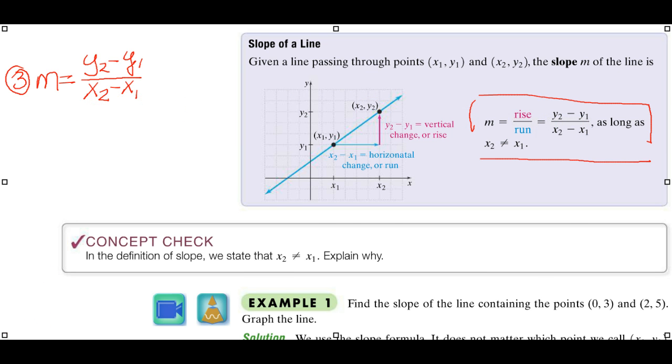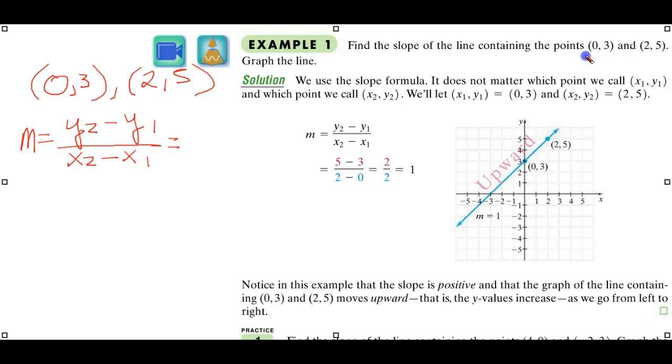Now, let's look at some examples. In example 1, they're giving us an ordered pair and another ordered pair. Now we designate one as the sub 1s and the other as the sub 2s. So y sub 2 will be a 5 here. Now minus is in the formula, and y sub 1 is 3. Then we take our x sub 2, which is 2, minus 0.